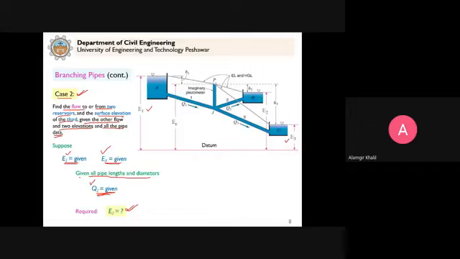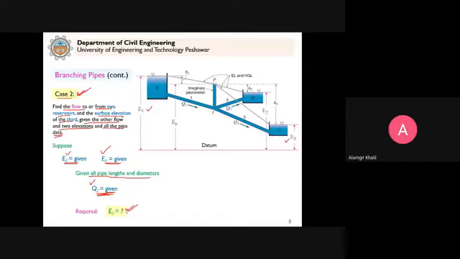That if E1 is given and E3 is given, discharge for one of them is given, either Q1 given or Q3 given. Now what is case 2? That, for example, E1 is given and E3 is given, then Q2 will be given. This is now case 2.